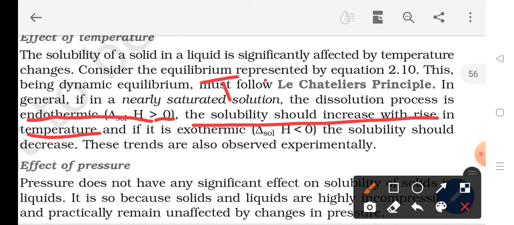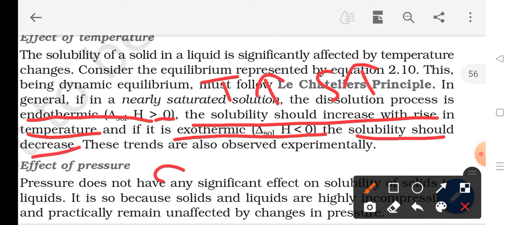And in case of exothermic, when ΔH is less than 0, that means ΔH is negative, then solubility should decrease with increase in temperature. Okay, that's all about it.